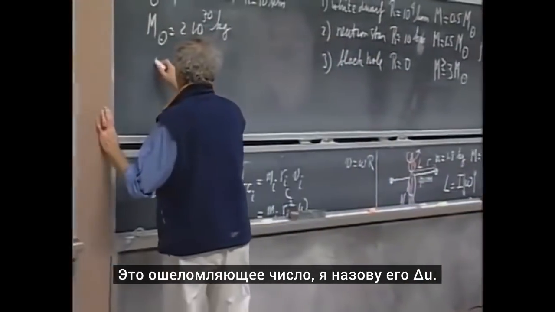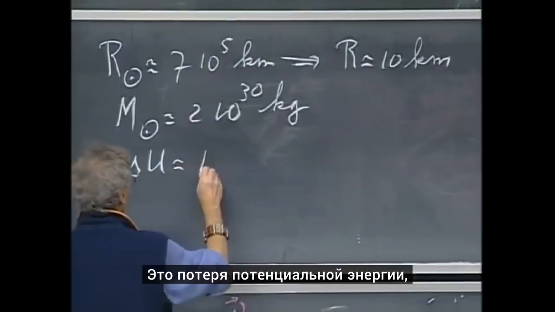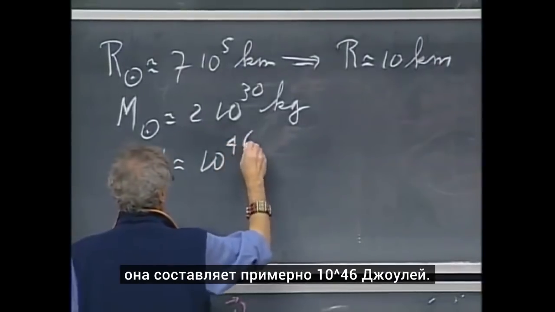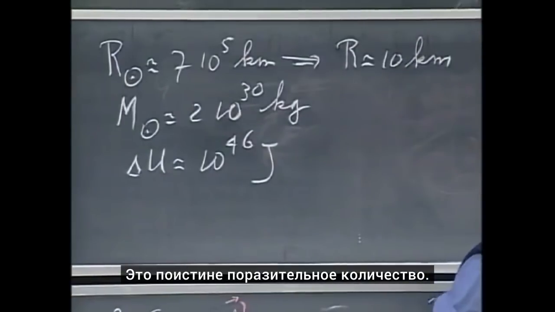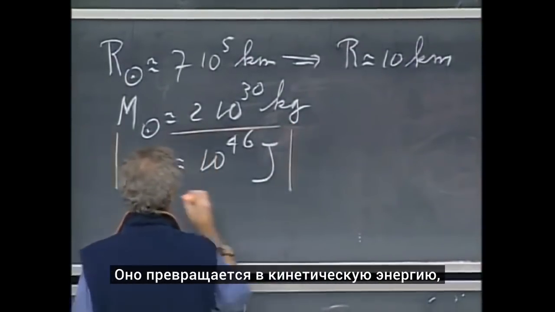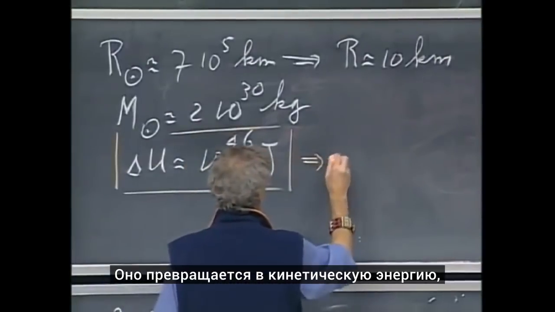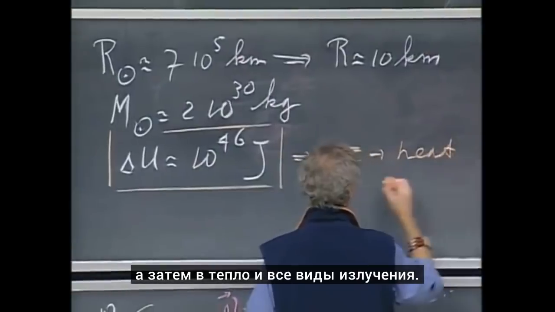And I call that delta U. It is a loss of gravitational potential energy, which is about 10 to the 46 joules. And this number is truly mind-boggling. This is converted to kinetic energy, and then it is converted to heat and all forms of radiation.